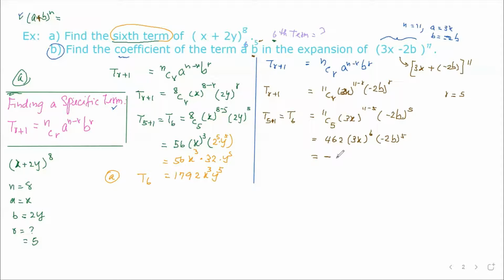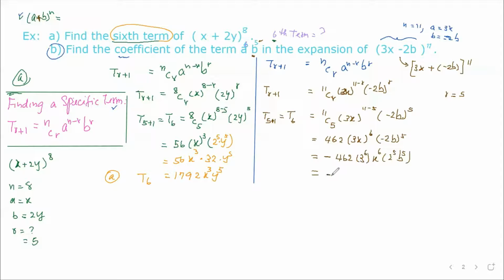So finally we're going to have 462 times 3 power 6, correct? And times x power 6, times 2 power 5 and b power 5. Then you multiply it up, 462 times 32, correct? And then times another 3 power 6.